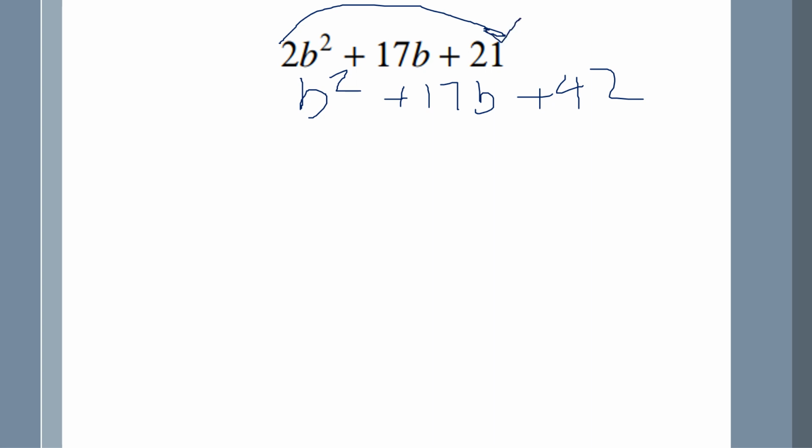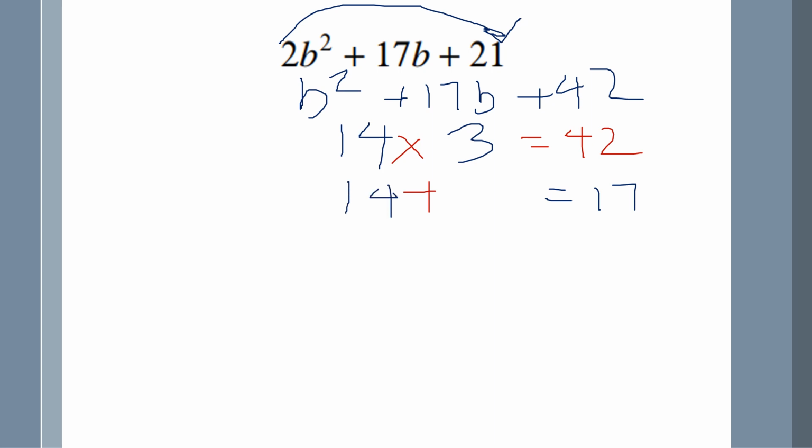So front times the back, and then I rewrote it. Now let's do the thing that we love to do. Two numbers multiplied together give me 42. And then when I add those numbers, they give me 17. And I could honestly say 14 times 3 gives you 42. And 14 plus 3 gives you 17.